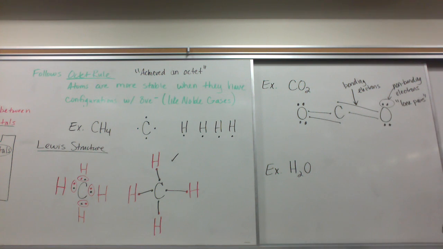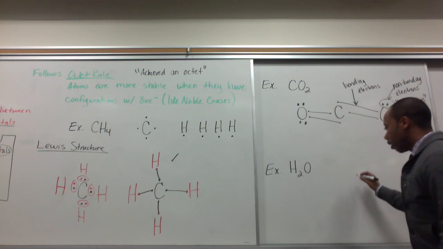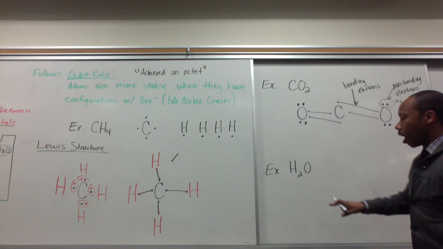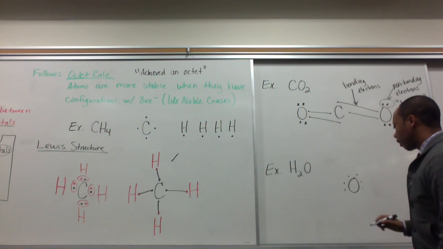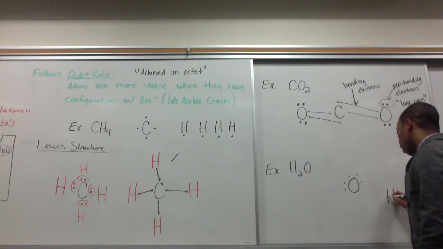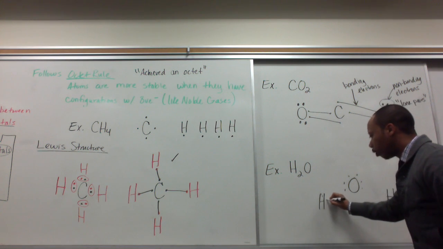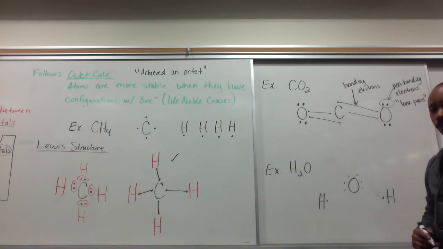Our last example here is H2O, good old water. Now, here we have 2 hydrogens and 1 oxygen. Oxygen is going to be our central atom. It's going to have 1, 2, 3, 4, 5, 6. Hydrogen here, hydrogen there. Hydrogen only has 1 valence electron.